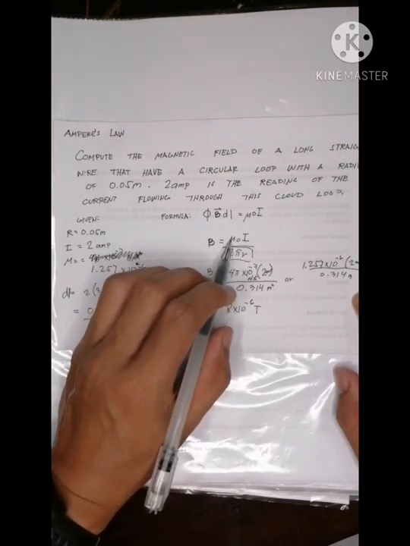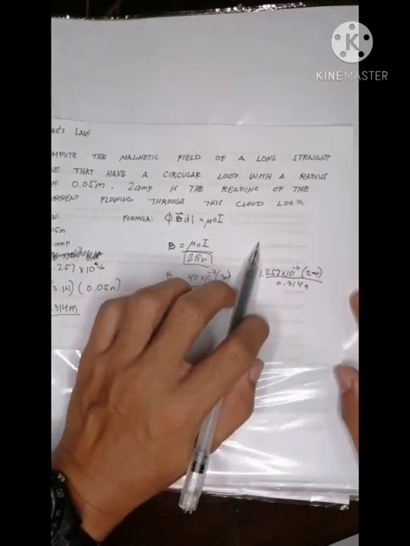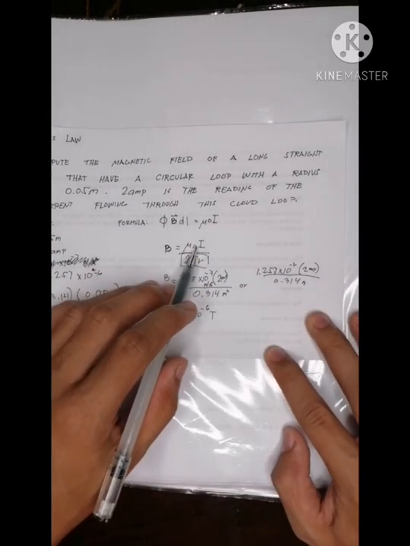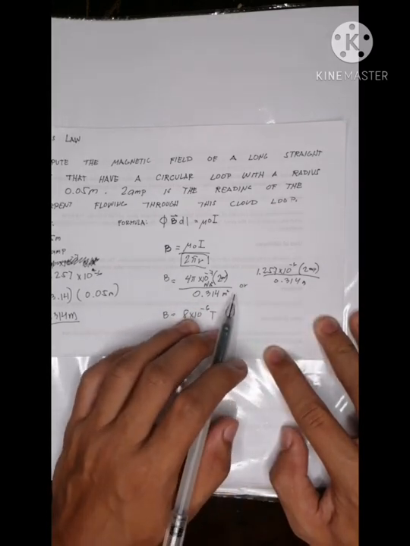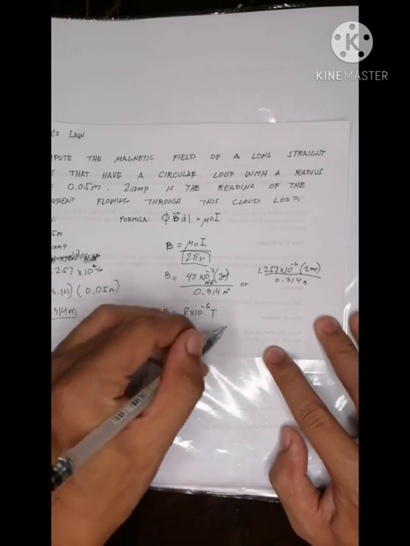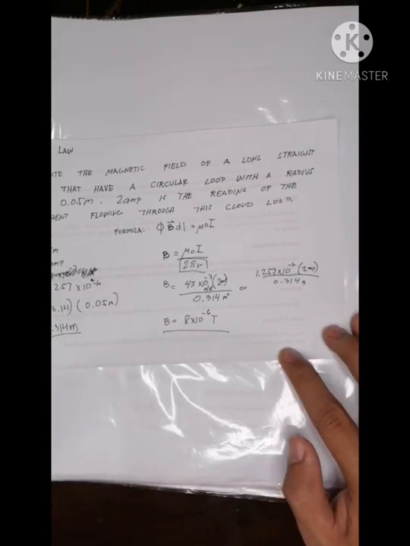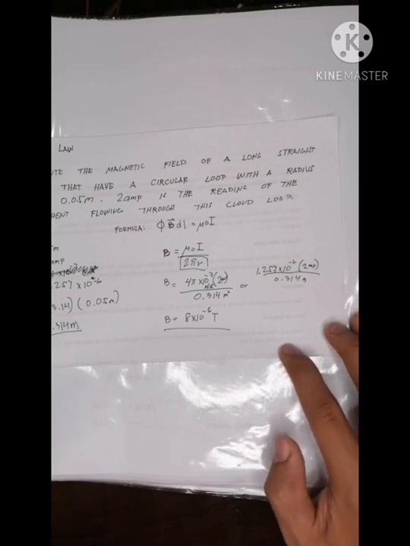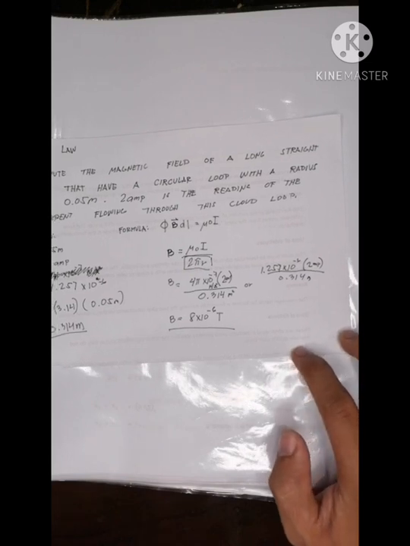The value of our mu naught is 1.257 times 10 to the power of negative 6. Then the current is 2 ampere over 0.314 meter. So the total magnetic field in a long straight wire is 8 times 10 to the power of negative 6 Tesla.